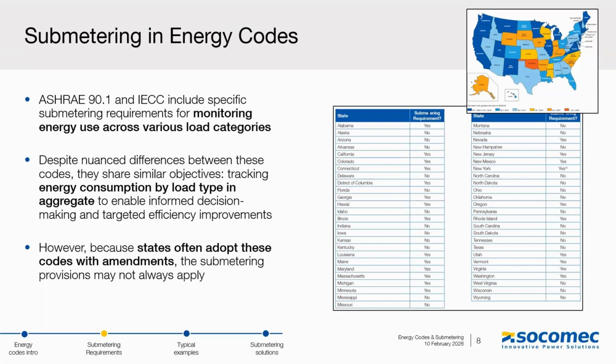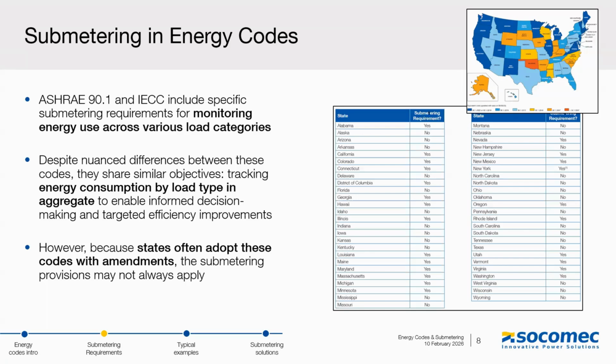But because the states adopt the codes with amendments and because they adopt codes at different times, you can see that not every state is concerned by the submetering requirements. So we try to provide a list per state, and every year this list is getting updated as new states are adopting the latest energy code.